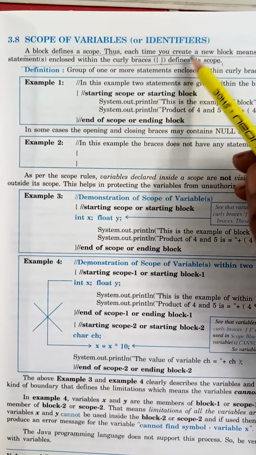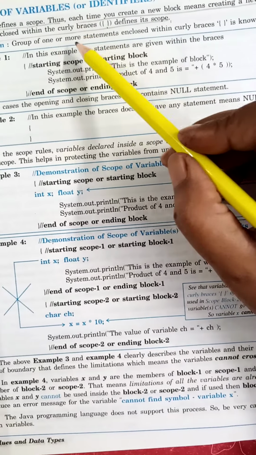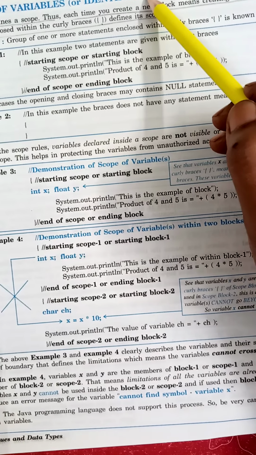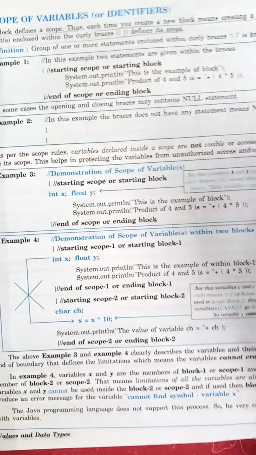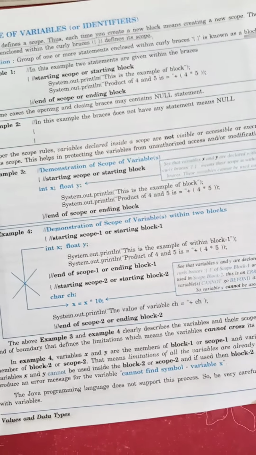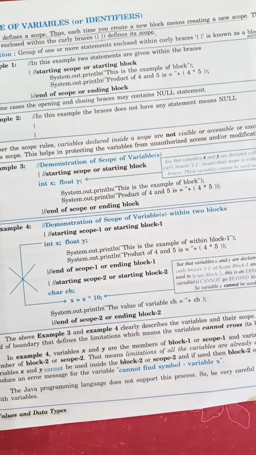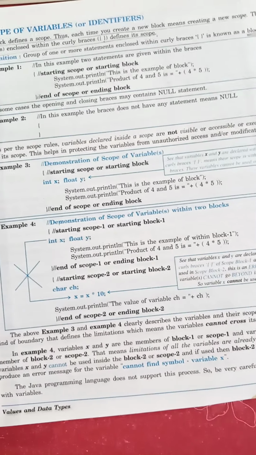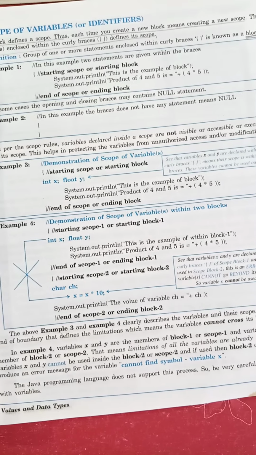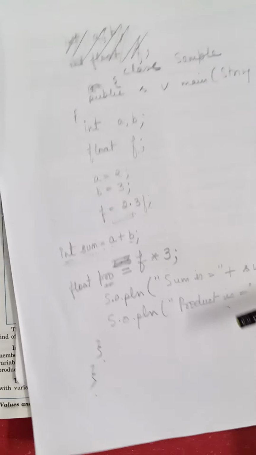Now come to the scope of variables or identifiers. The scope of a variable or identifier is defined by a block. Block, what is a block? Whenever you create a new block, it means creating a new scope. Scope is related to block, and a block is the set of statements enclosed within curly braces.